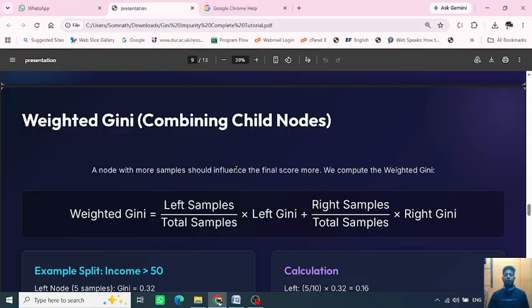Let's explain how weighted Gini is calculated. The formula is left samples by total samples into left Gini, plus right samples by total samples into right Gini. This is the formula of weighted Gini.